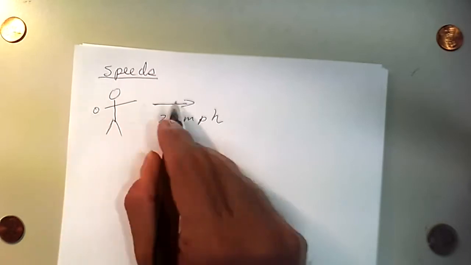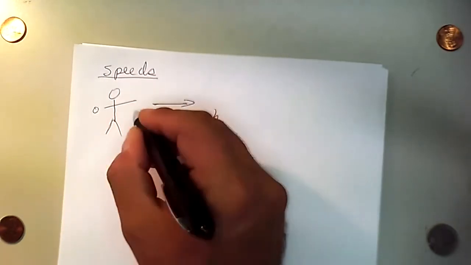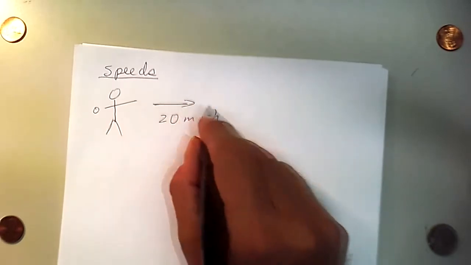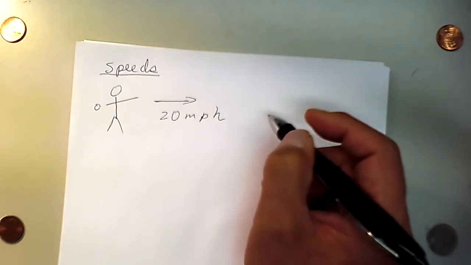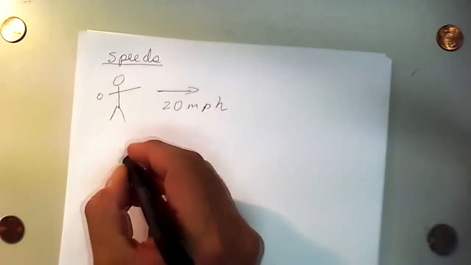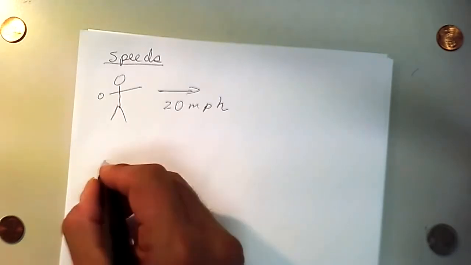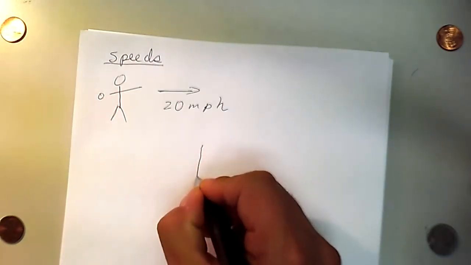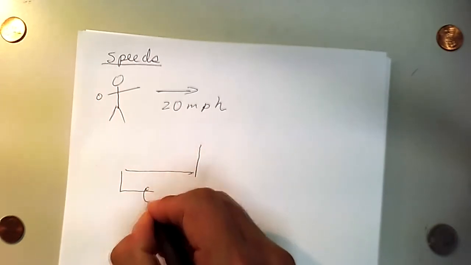So when I throw it, well, it doesn't have to be me, any person. When they throw the baseball, how fast is the ball going forward? Well, 20 miles per hour. Okay. What if you are, this is not very safe, so don't do it, but let's say you are in a pickup truck, on the bed of a pickup truck.